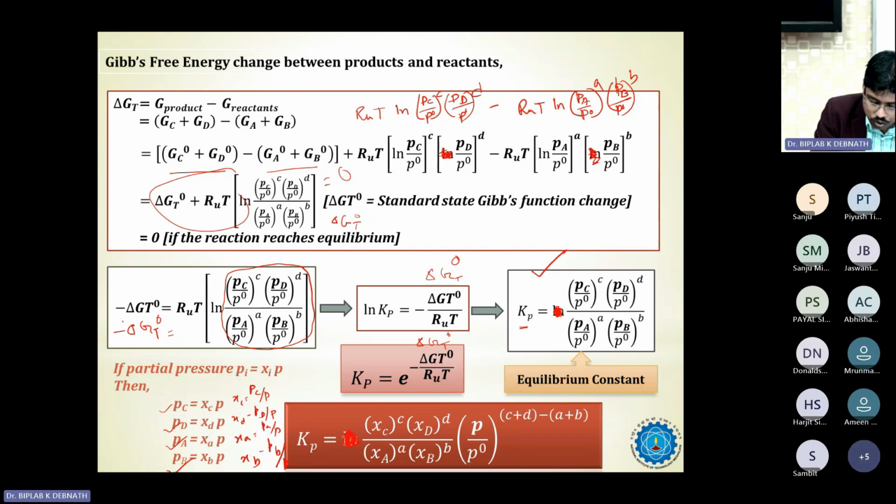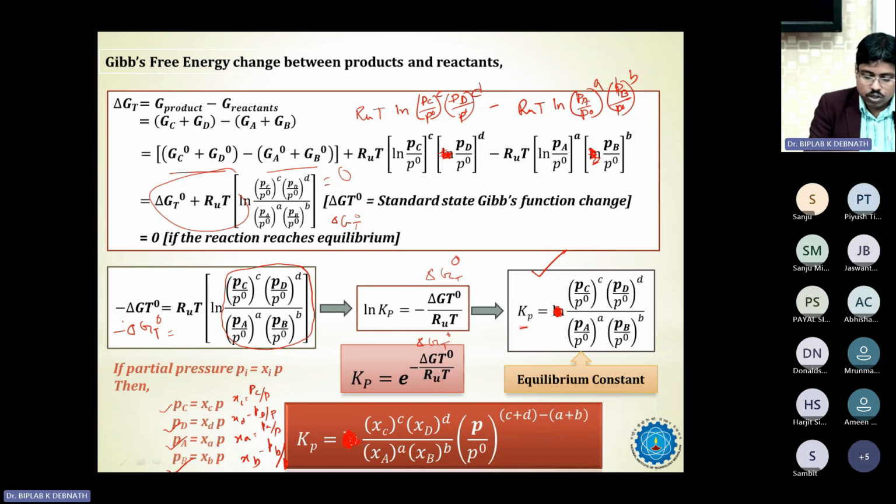So Kp is equal to Xc to the power C into Xd to the power D divided by Xa to the power A into Xb to the power B, into the total pressure term. Here you can replace Pc with Xc into P, Xd into P, Xa into P, and Xb into P. If you separate out the mole fractions, then you can write P by P naught to the power C plus D minus A plus B. So this is the equilibrium constant equation.